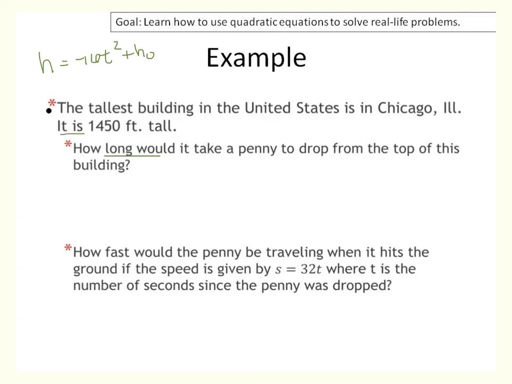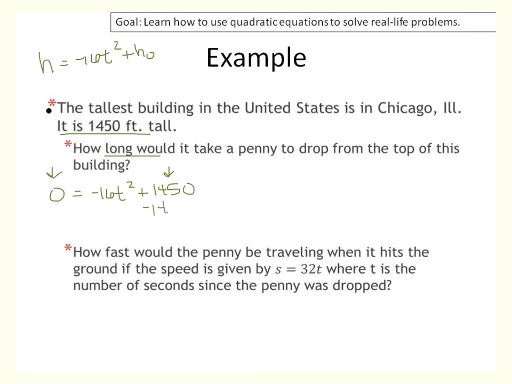So my initial height is, it's falling from 1,450 feet, and we want it to hit the ground, and so the final height's going to be 0. All right, so here we go. So there's my initial height, my final height, and I want to solve for time.